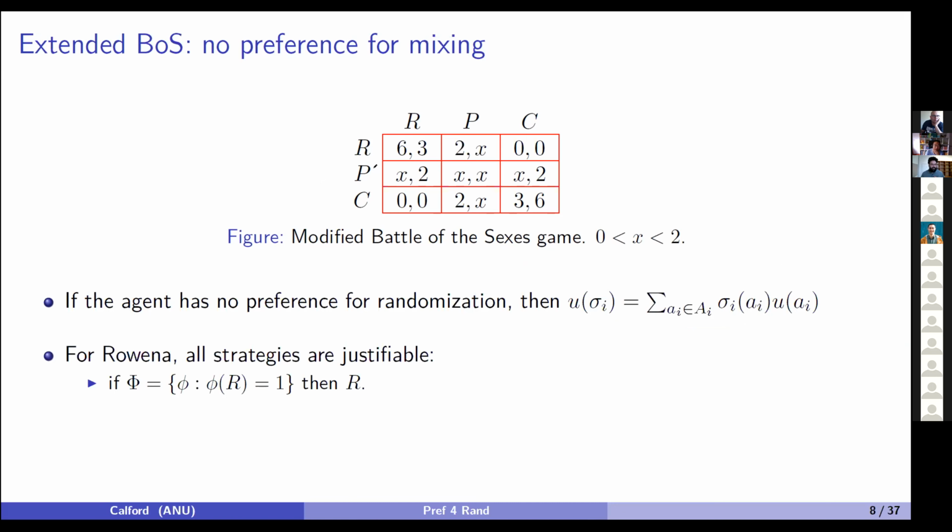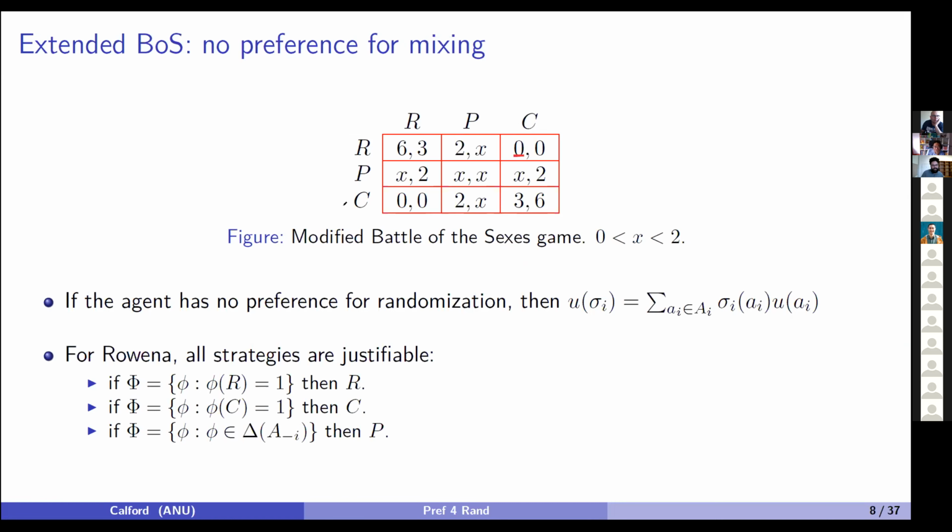If she believes her opponent is going to play R, then her best response is clearly to play R. If she believes her opponent is going to play C, her best response is to play C. And if she has complete uncertainty, so her belief set is that her opponent could do anything, then applying maximum expected utility, her payoff from playing R: she's concerned her opponent will play C and she earns 0, so the utility from R is 0.